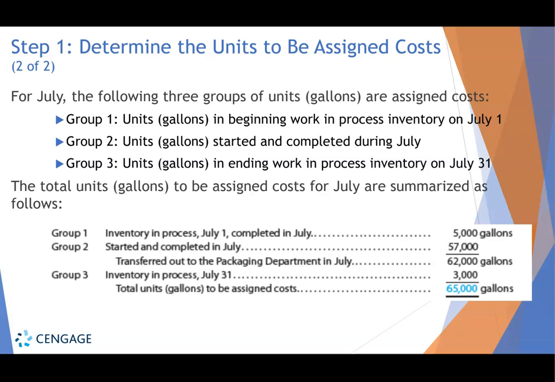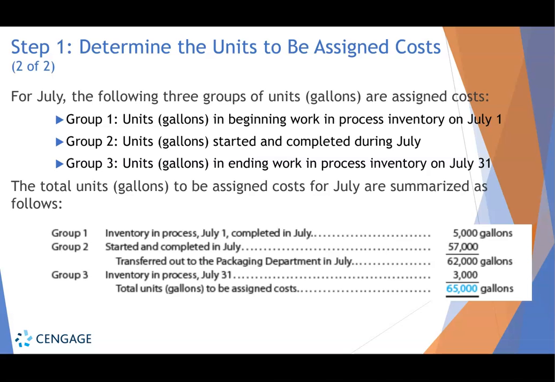Then Group 3 are the gallons that are in WIP as of July 31st. So Group 1 are the 5,000 gallons. Now they were in WIP, the 5,000 gallons. Those, of course, got completed in July. They were work in process as of July 1st.